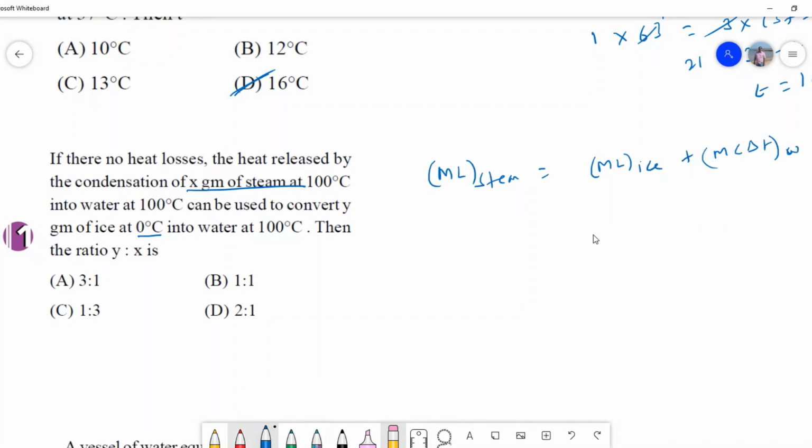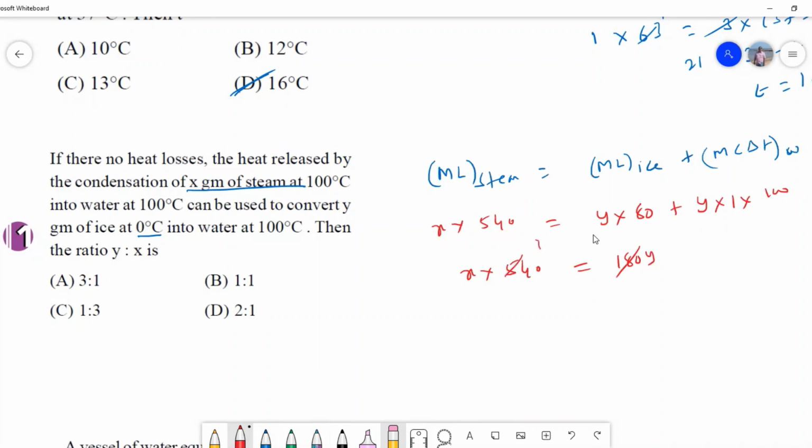So here how many grams of ice given? Y grams. So latent heat 540 X is equal to Y grams into 80 plus specific heat of water 1, change of temperature again 100. So nothing but X into 540 is equal to 180Y.